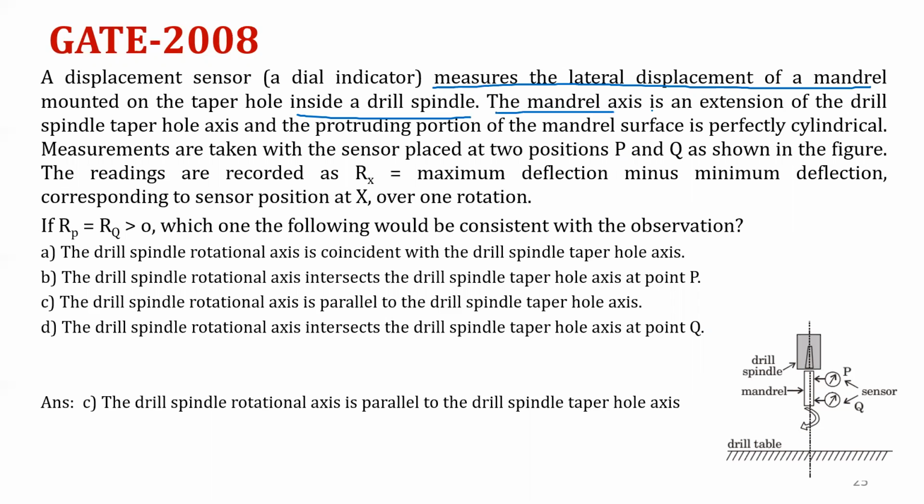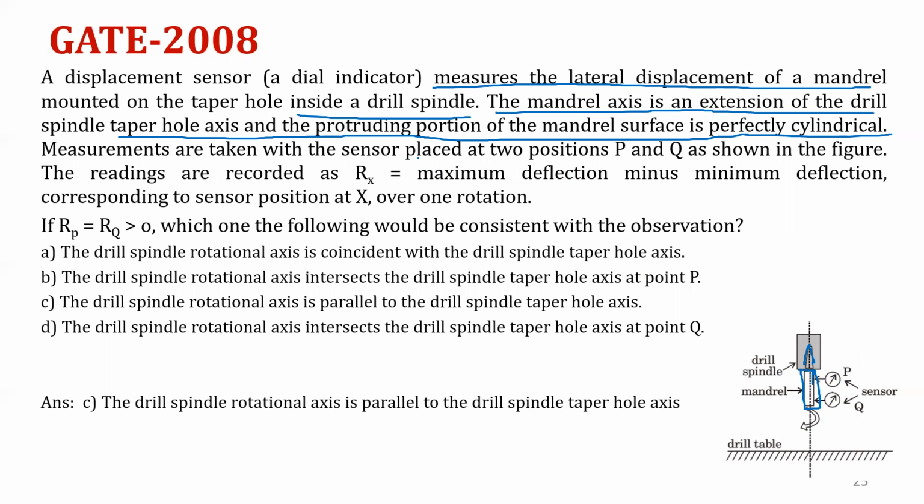The mandrel axis is an extension of the drill spindle taper hole axis, and the protruding portion of the mandrel surface is perfectly cylindrical. So here we have 2 portions. One is the conical portion, and then there is a straight portion. This is the straight portion. On this, the dial indicator is provided to measure the deviations.